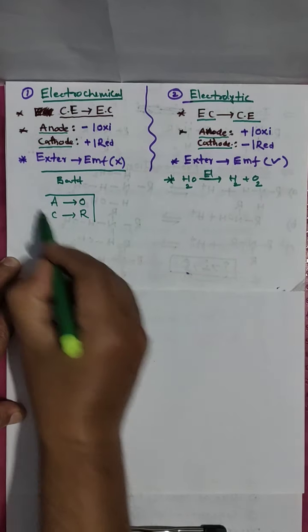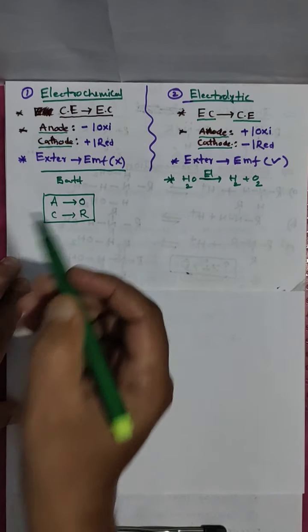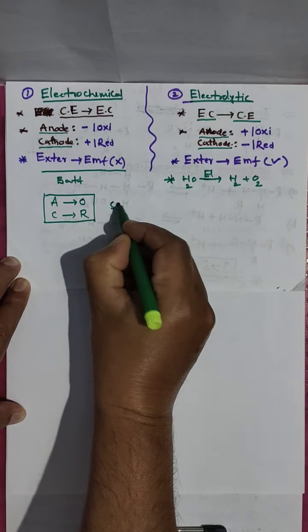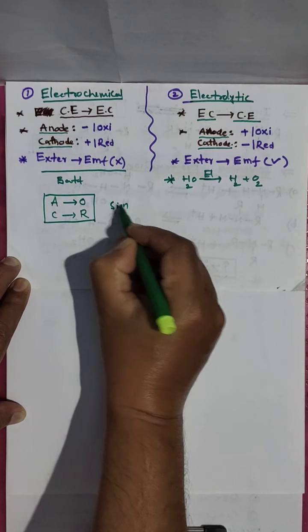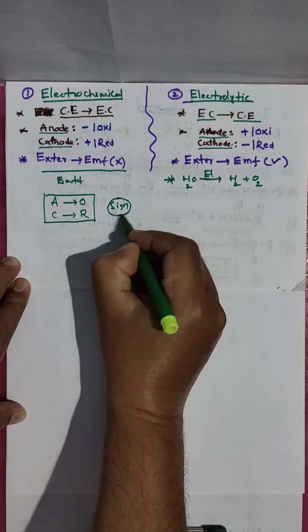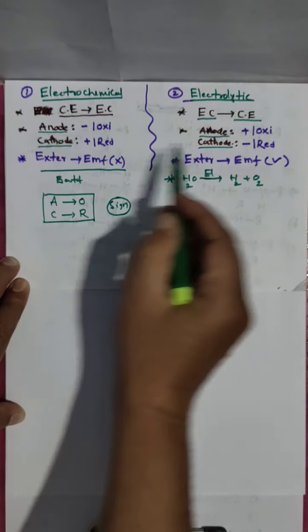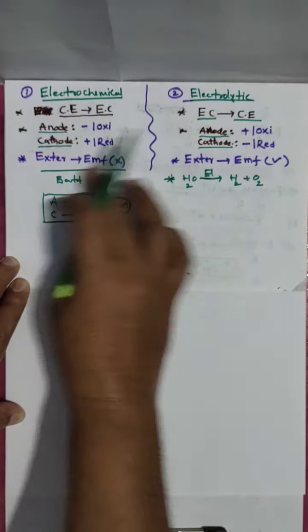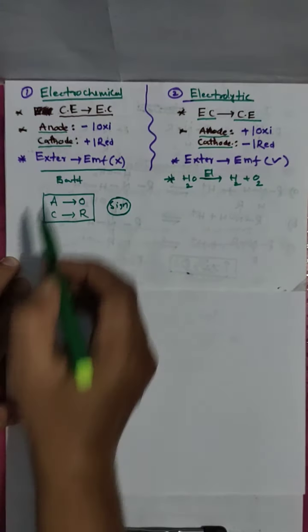But the sign is very important. The sign difference is there between these two. Anode, cathode, oxidation, reduction are the same in both, but the sign is different.